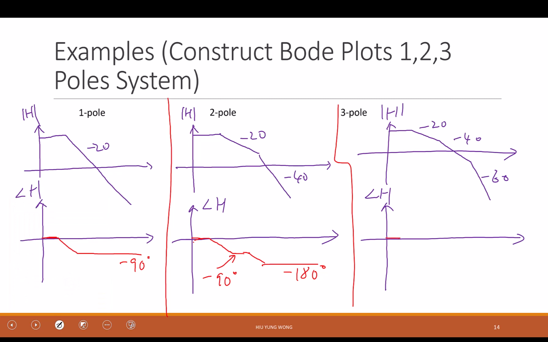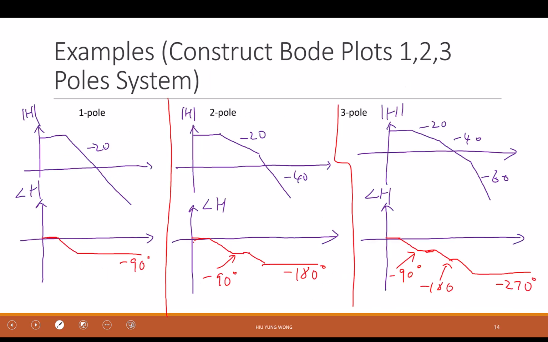You will first reach negative 90 when you hit the first pole, then negative 180 when you hit the second pole, then negative 270 when you hit the third pole. And this is negative 90, right? The main point is, within finite frequency, I already reached negative 180 for three poles. Okay. Any questions?